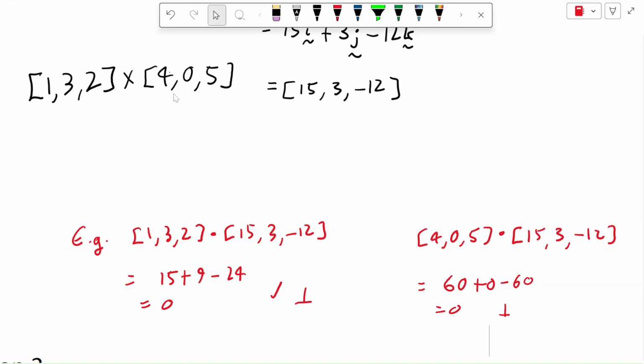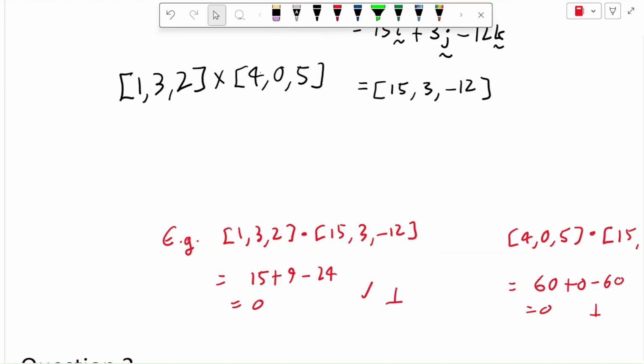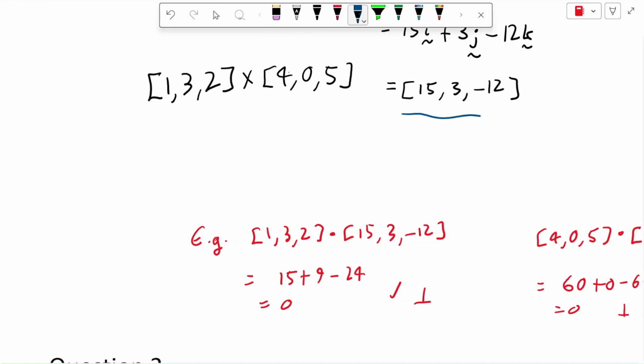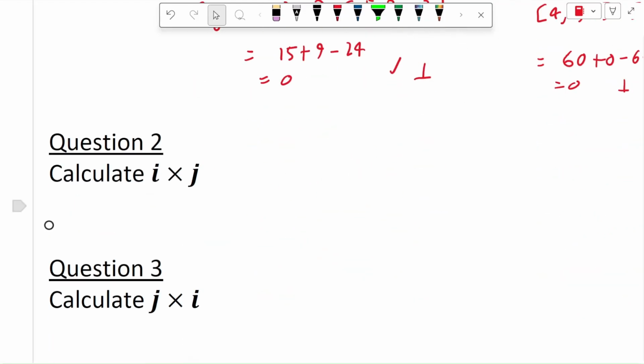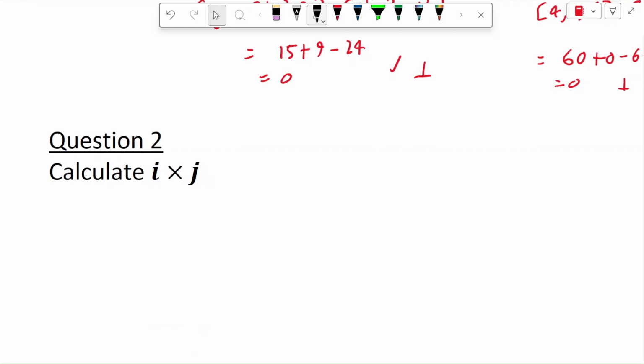I'll mention the original vectors were not at right angles to each other. It's just that this third vector we got from the result is perpendicular to that one, and it's also perpendicular to that one. Now, the next cross product we're going to do is i times j. To be really clear what we mean here, this is the vector 1, 0, 0, and we are crossing it with the vector 0, 1, 0.